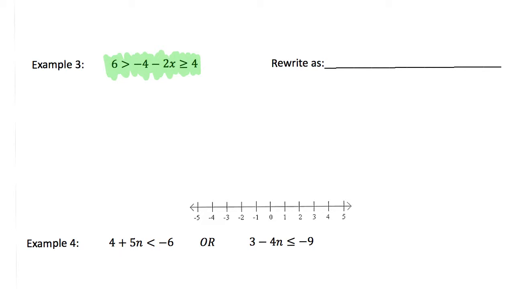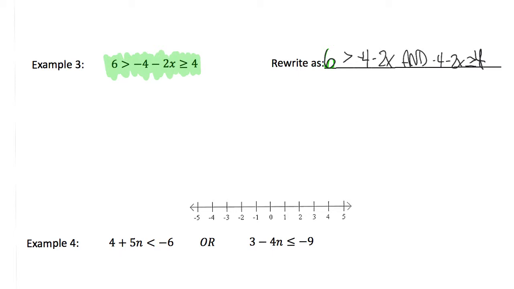It's saying 6 is greater than -4 minus 2x, and -4 minus 2x is greater than or equal to 4. So it's saying both of those things.